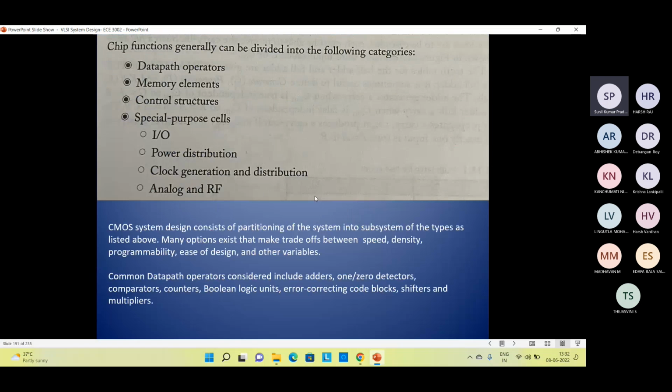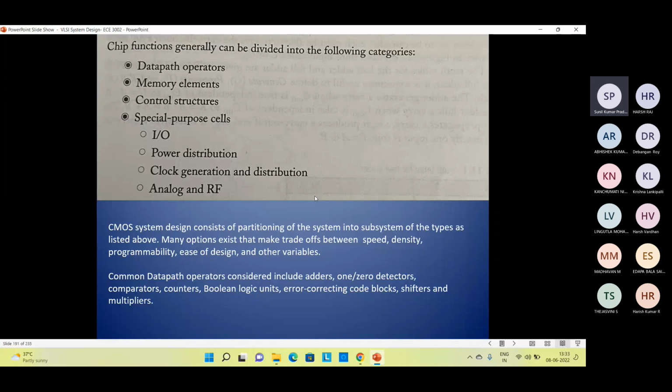So basically, when we talk about the function of a chip, the chip function can generally be divided into many categories. But the main categories which we are dealing with are data path operators, memory elements, control structures, or special purpose cells. That includes input output, power distribution, clock generation and distribution, and analog and RF, that is radio frequency.